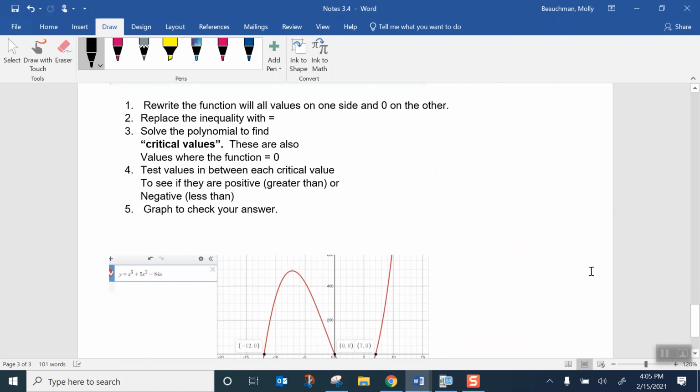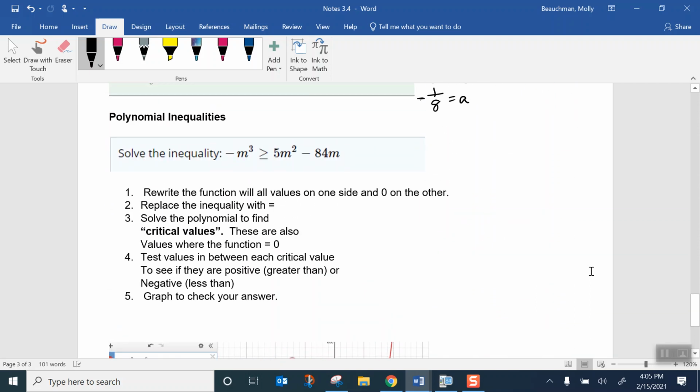All right, last example, a polynomial inequality. If I want to solve a polynomial inequality, first rewrite your function so that all values are on one side and 0 on the other. So I'm going to take m to the third to the other side, and then I'm going to rewrite it: m to the third plus 5m squared minus 84m, and I want to make sure my inequality points the right direction.